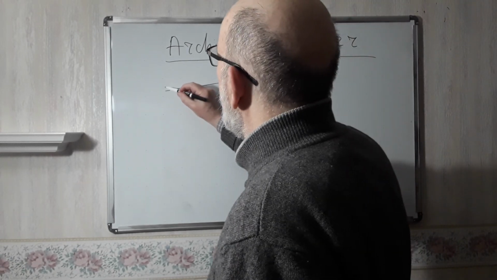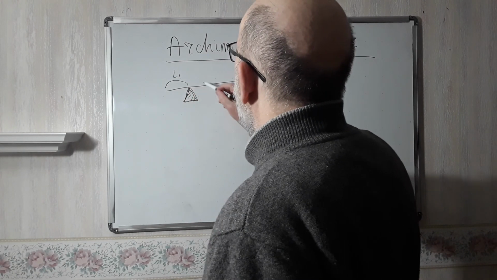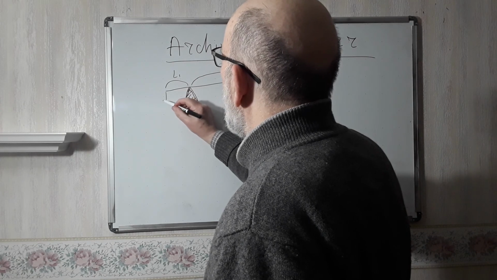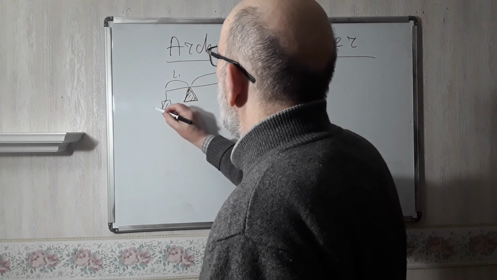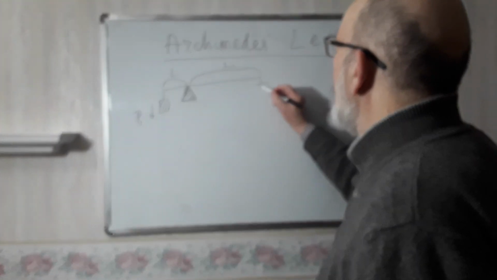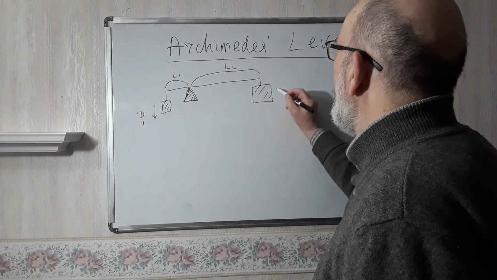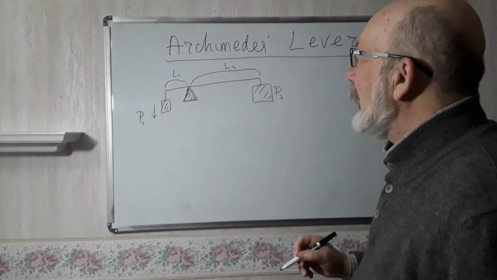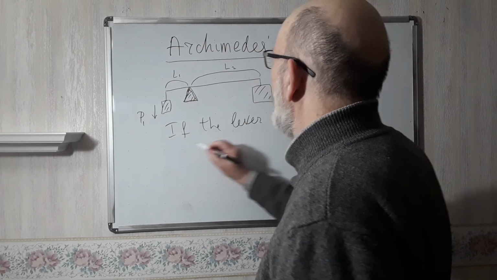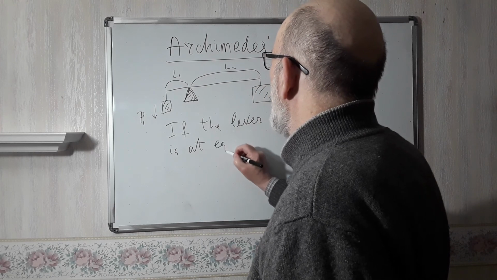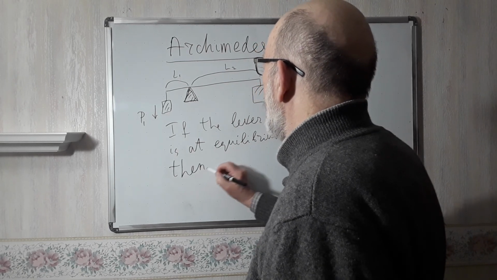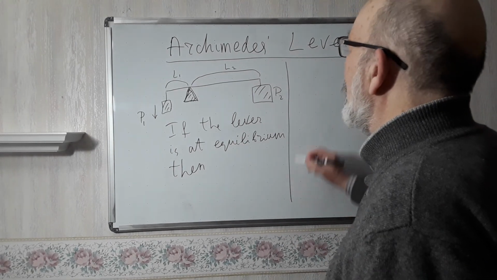If this length, say call it L1, and this length is L2, and here we apply a vertical force, say P1, it is the gravity force, and here we apply the force P2, and if the lever is at equilibrium, then we have the following relation.